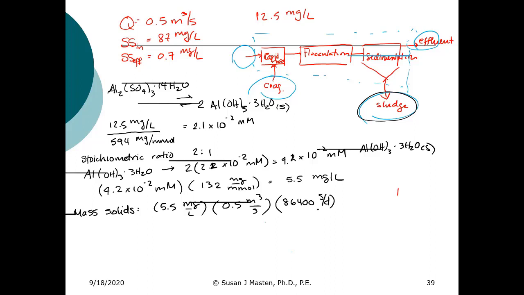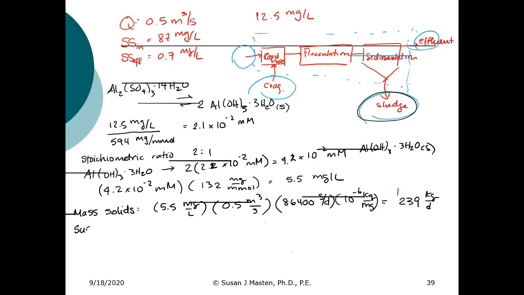It's a number that's actually useful to remember. And there are 10 to the minus 6 kilograms per milligram. And that is equal to 239 kilograms per day. So we would produce about 240 kilograms per day of solids just from precipitating the alum that we added.